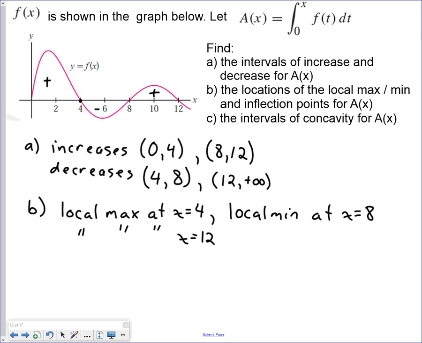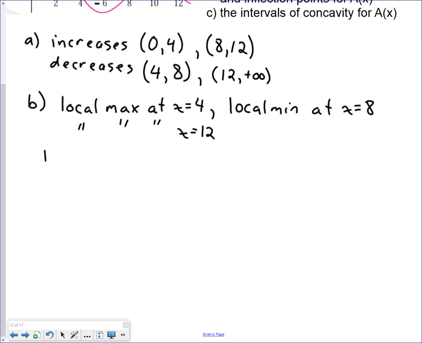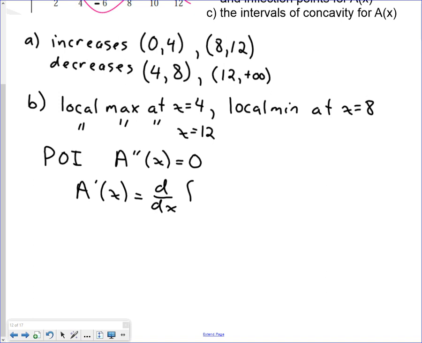Now, the second part of D here asks us about the points of inflection. So points of inflection are going to occur where the second derivative is equal to 0. So our first derivative of our function is going to be the derivative with respect to x of A at x.